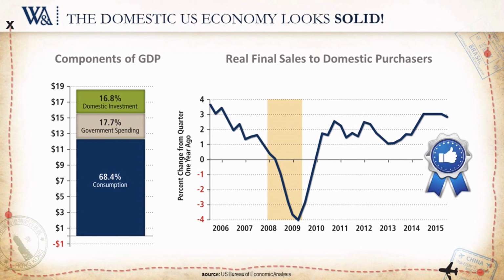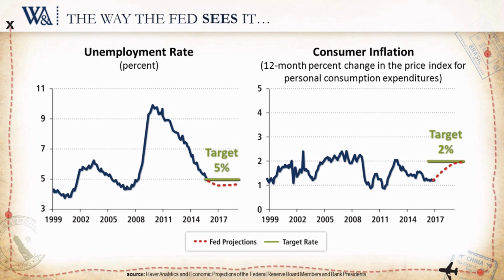The energy investments that we saw when energy prices per barrel were at 110 have fallen like a stone. And so we're not seeing much investment on the energy side, but we are seeing it in houses. And so basically that's a push. So you put it all together and the economy's growing somewhere between 3.5% and 4% domestically. That's pretty good, and enough really to grow jobs and also inflation, which is precisely how the Fed sees it.